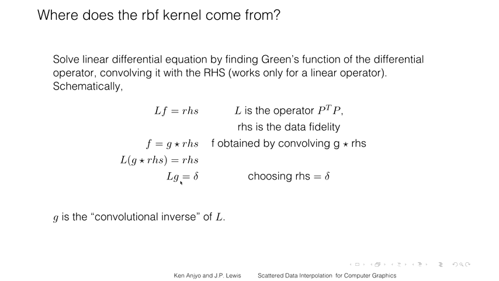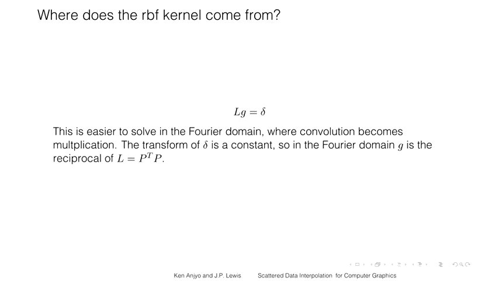And so, therefore, an inverse is a reciprocal in the frequency domain. So we can work out what this g is by taking Fourier transforms and take the reciprocal and then inverse Fourier transform. And that's sort of the right way to do it.